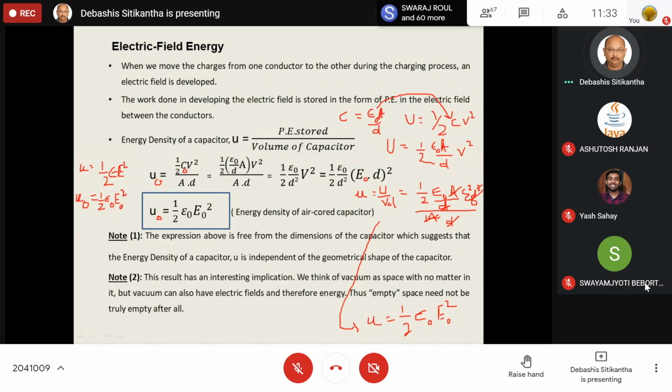Whereas the above equation is for all those capacitors with dielectric medium other than air or vacuum. But this one is purely meant for those air core capacitors. Clear about this? Yes?